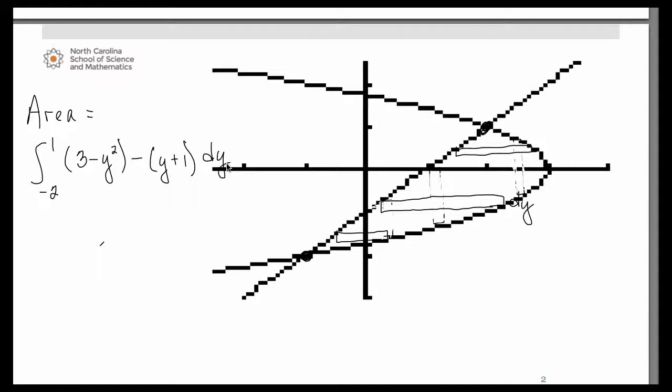So you can do that antiderivative by hand if you wish, or you can just go ahead and evaluate it in your graphing calculator. I'm going to simplify it a little bit. So I have to distribute that negative, so I'm going to go ahead and put these in order. A negative y squared minus y, that would be 3 minus 1, so that becomes plus 2.